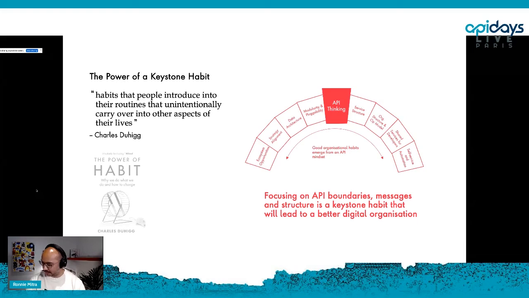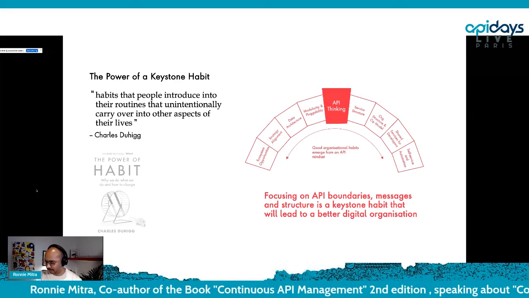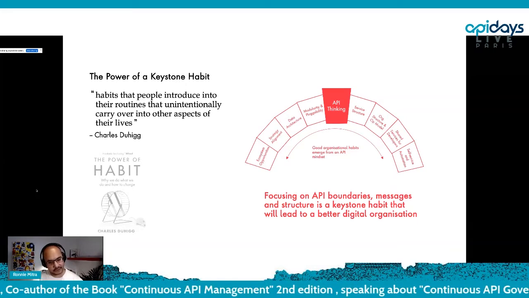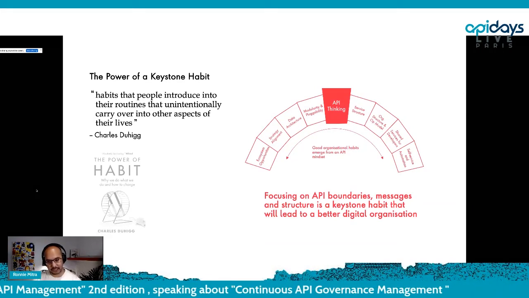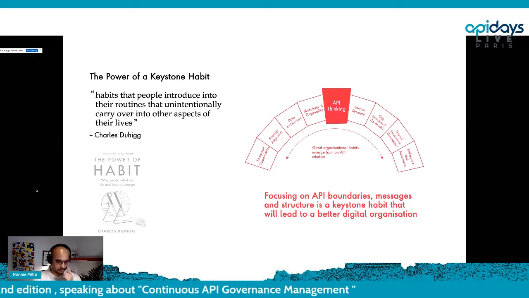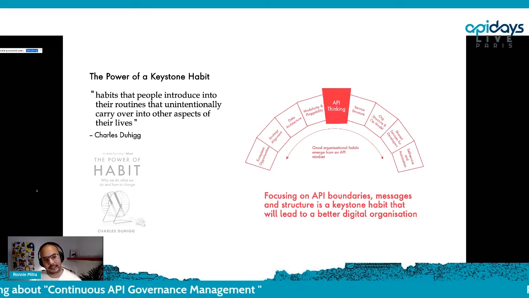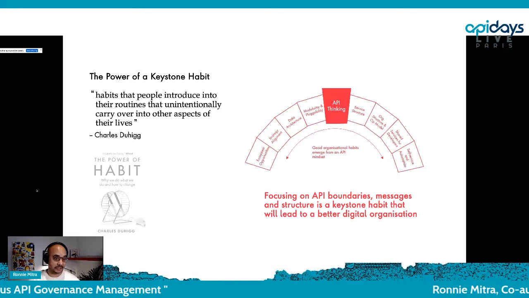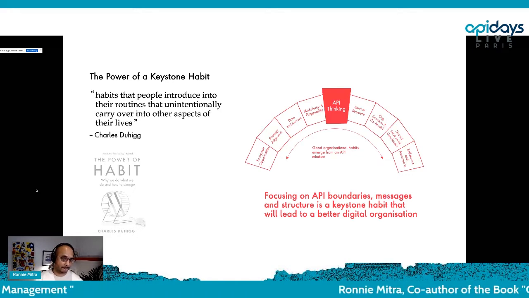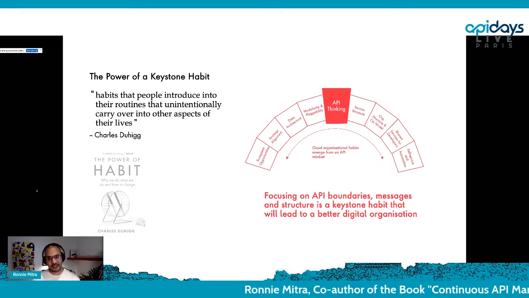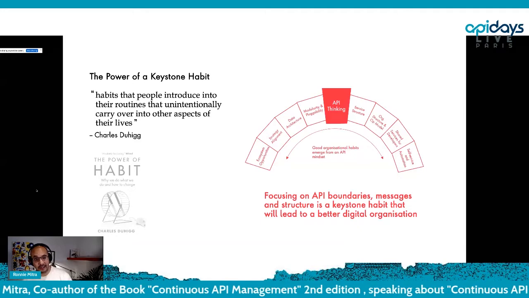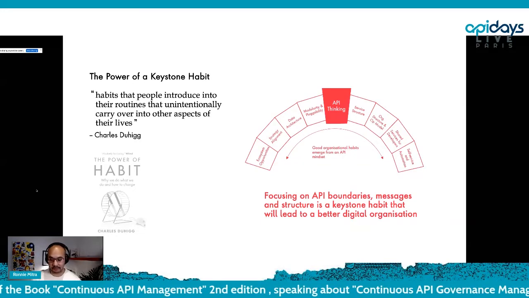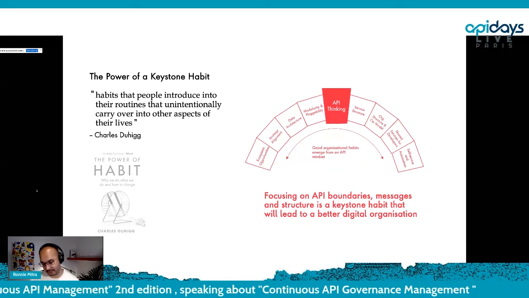I want to introduce another idea, which is the keystone habit. There's this book Charles Duhigg wrote a few years back, and it's a fun pop science book. And what Duhigg tells us is that if you're trying to change your habits, then if you can introduce the right new habit, just a single new habit, it can unintentionally carry over into other parts of your life.